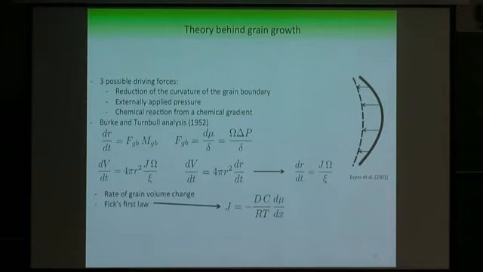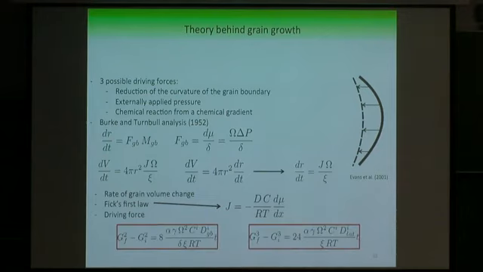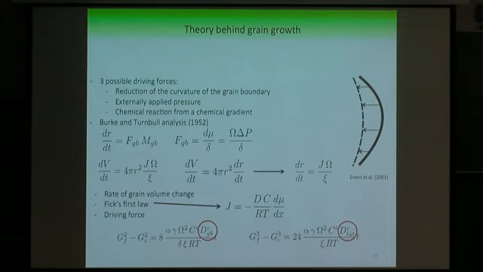Now, if we look at Fick's first law, the flux is a function of the diffusion, but also the chemical potential gradient. And so by substituting all these equations, we end up with two types of equation, where the grain size exponent is constrained at 2 for diffusion within the grain boundary, whereas the grain size exponent is 3 if we consider lattice diffusion.